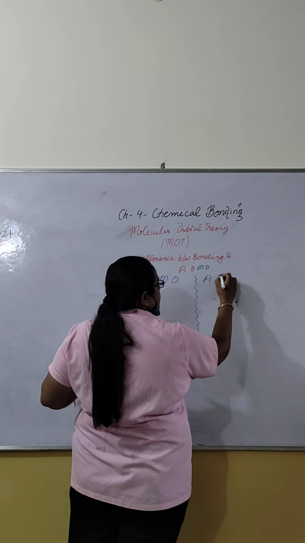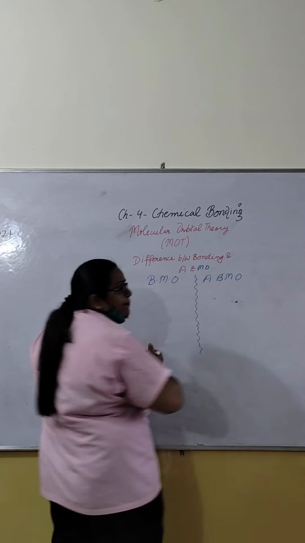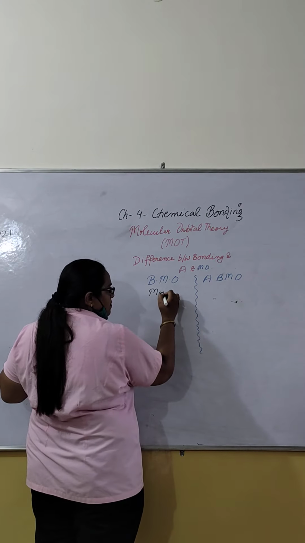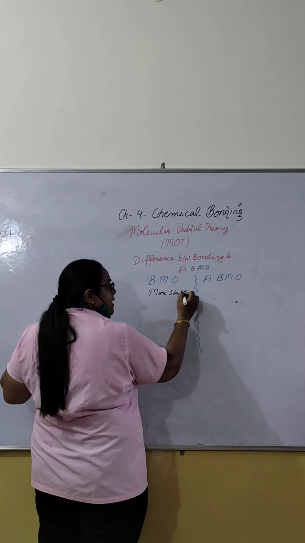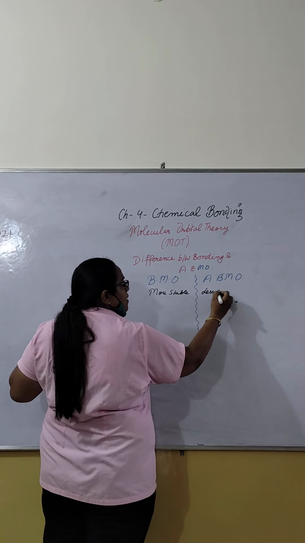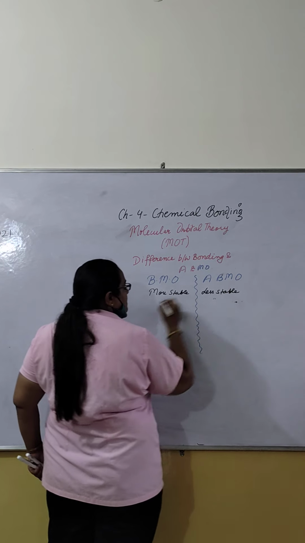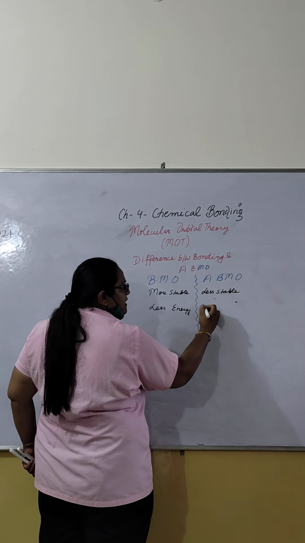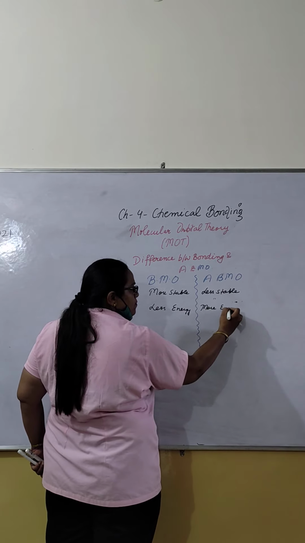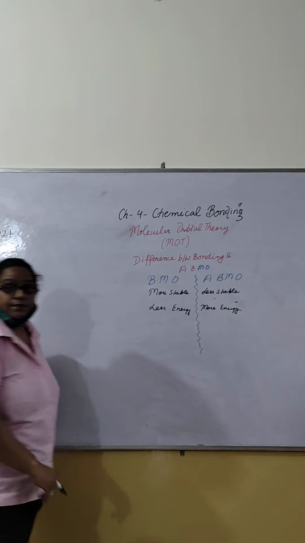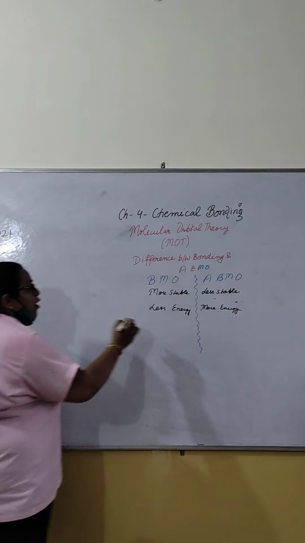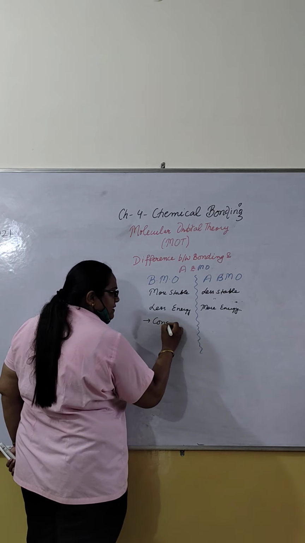First is regarding their stability. Bonding is more stable, and more stable means less energy. So its energy is less. Bonding is formed by constructive interference.